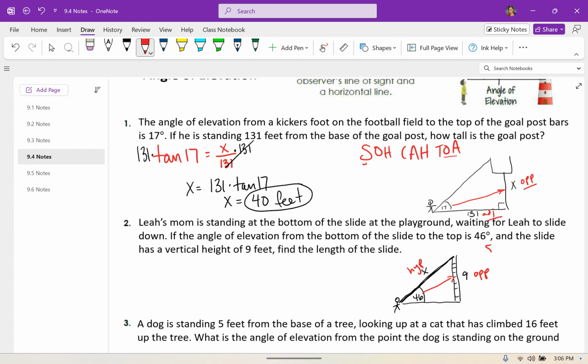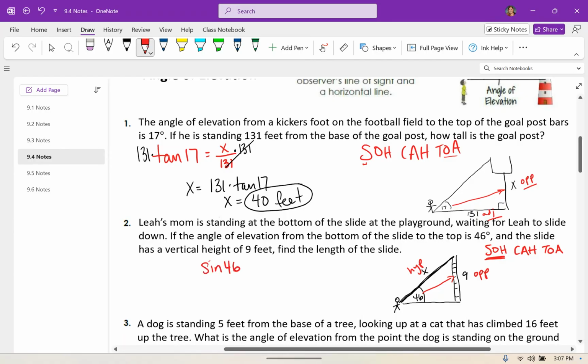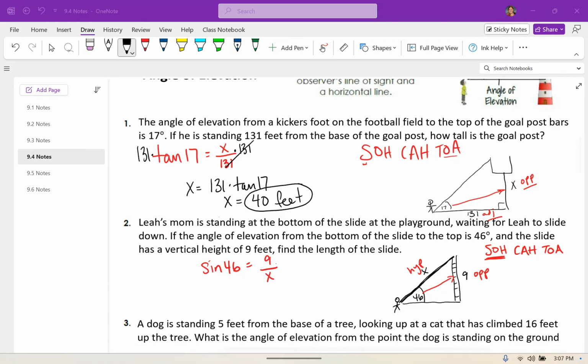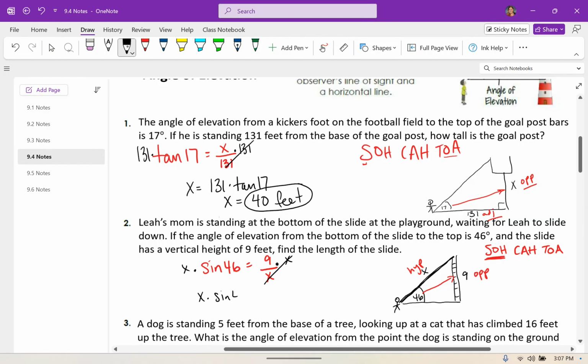Okay, so if I write down SOHCAHTOA, opposite and hypotenuse is sine. So sine of the angle, sine of 46, is 9 over x. So we multiply by x on both sides. X times sine of 46 equals 9.